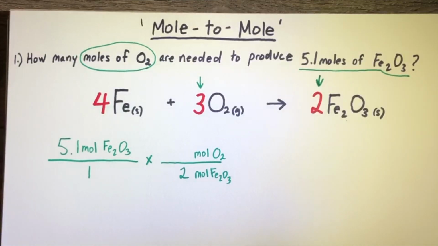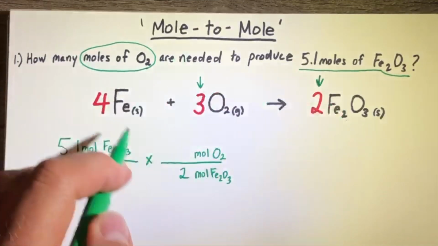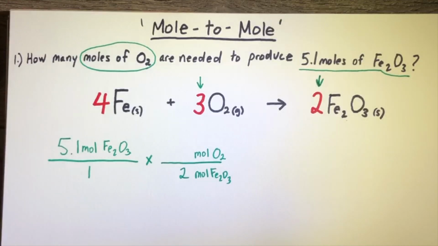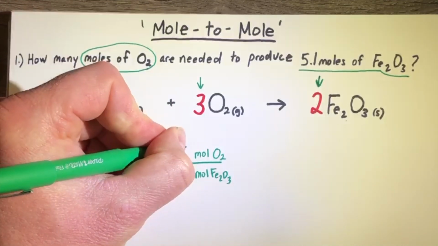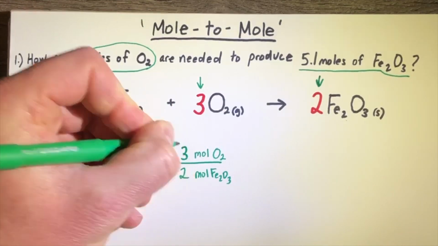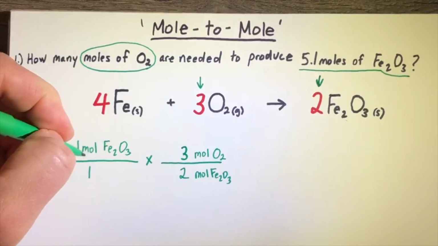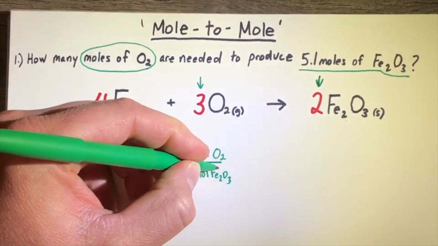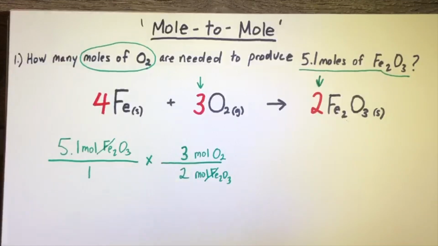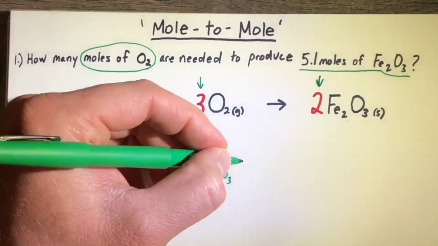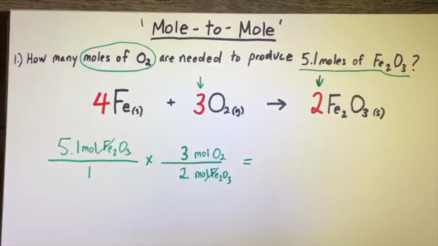How many moles of O2? Well, consult the chemical equation, 3 moles of O2. So 3 goes on top. Moles Fe2O3 cancel out with moles Fe2O3, and we're left in moles of O2, which is what we want to know, how many moles of O2. So we're ready to solve.